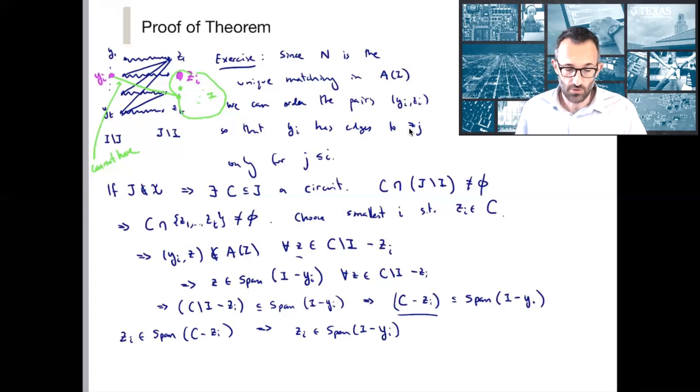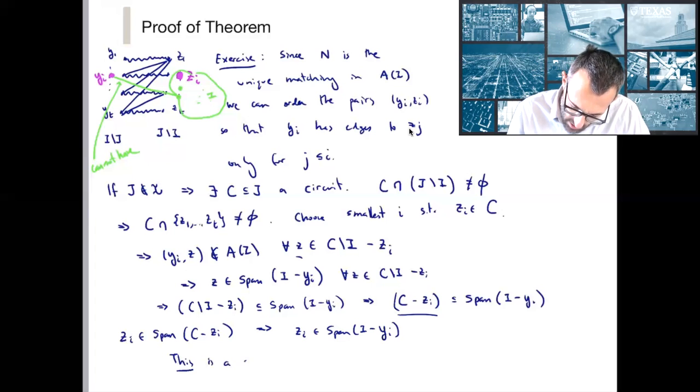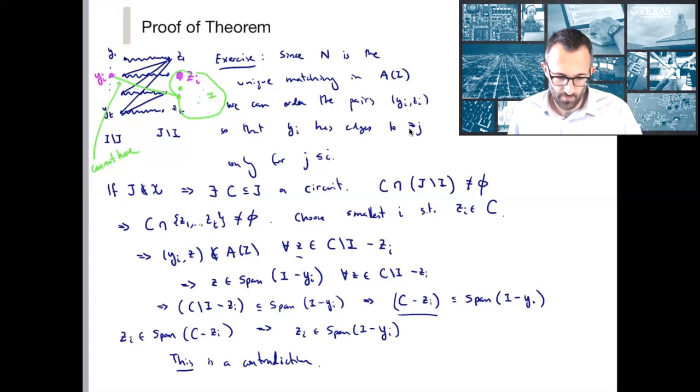But basically, this is a contradiction because this is where we started. So this is a contradiction because by assumption, Yi, Zi, that's one of the edges in our matching.